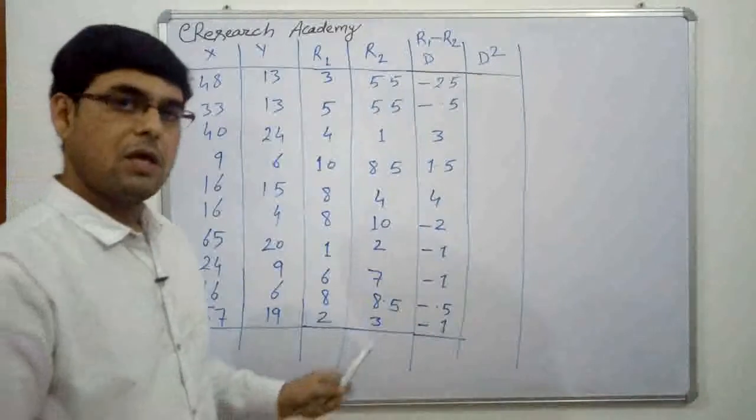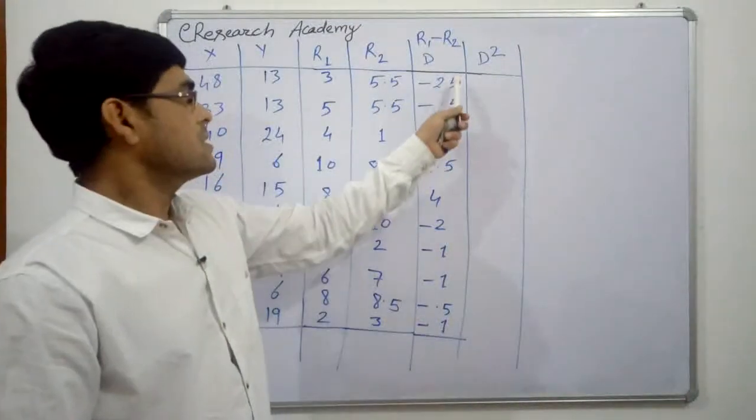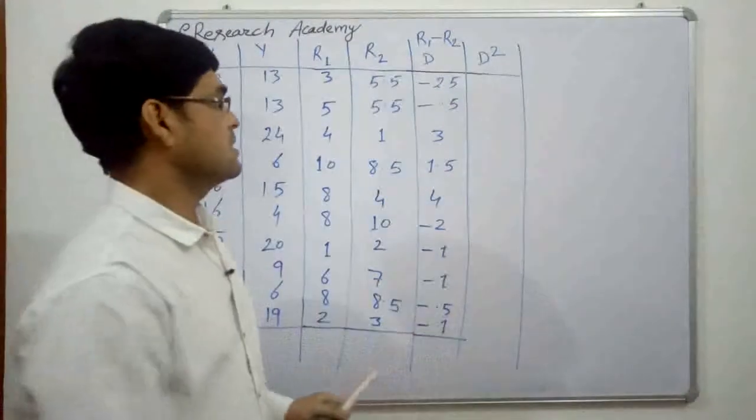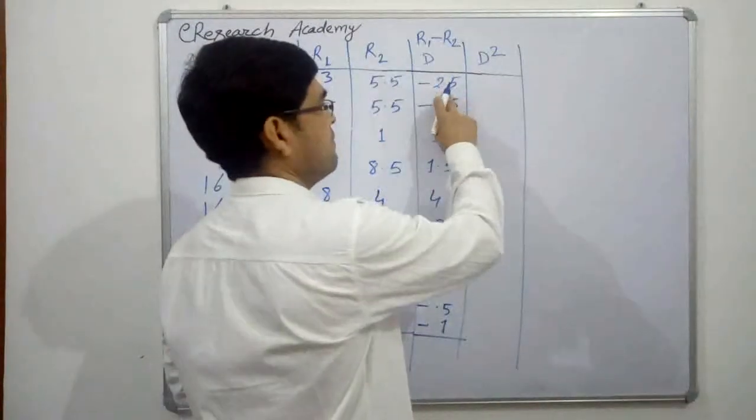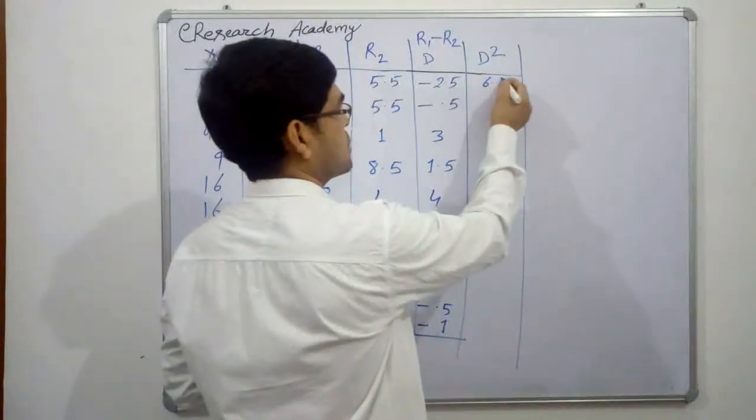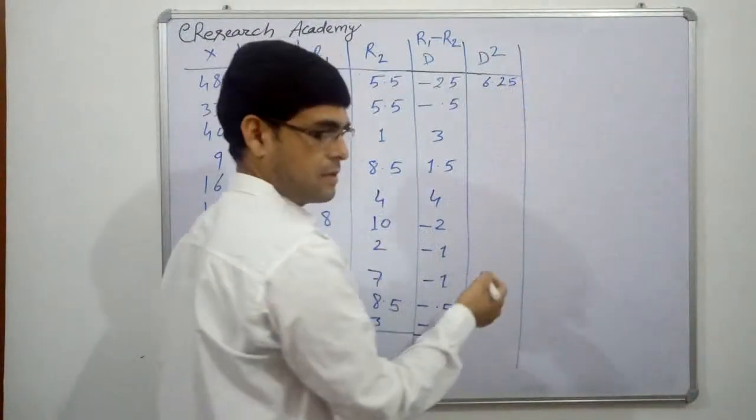So now we just need to square these differences. So 2.5 times 2.5 gives us 6.25, right?